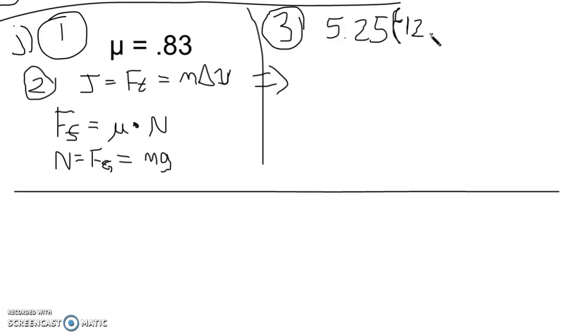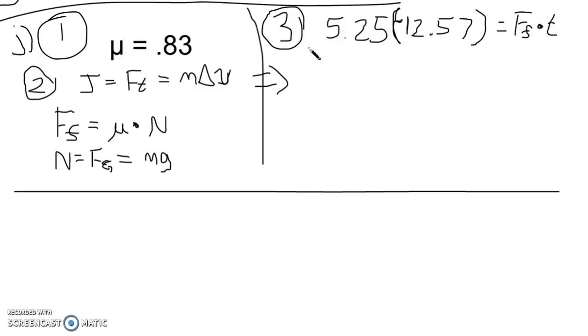It's actually negative because the change in velocity is final minus initial. Final is 0, initial is that negative thing. So that all equals force of friction times time.